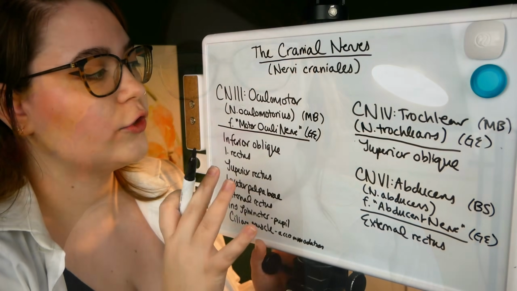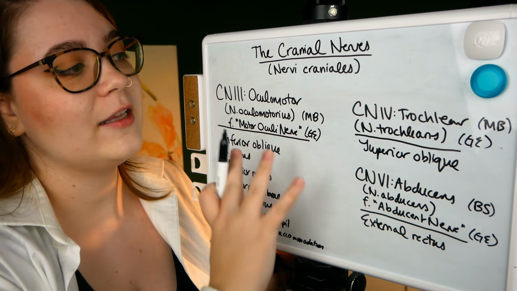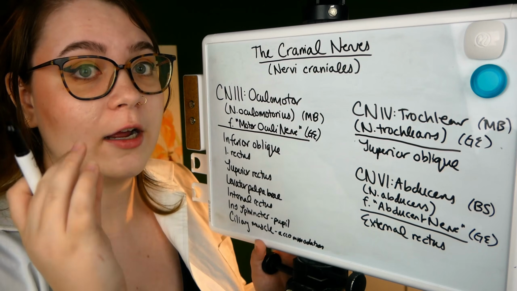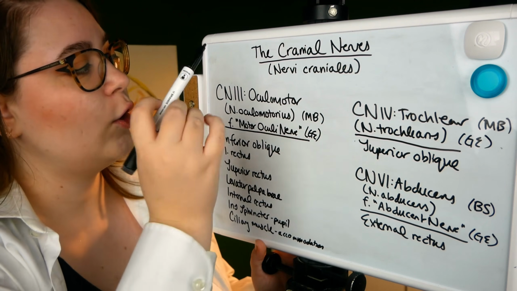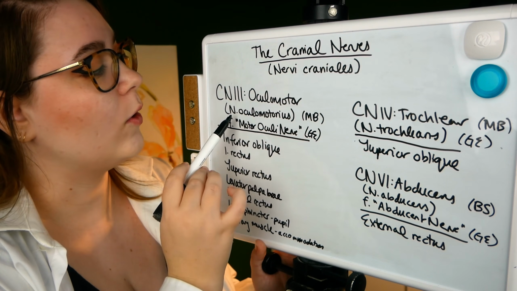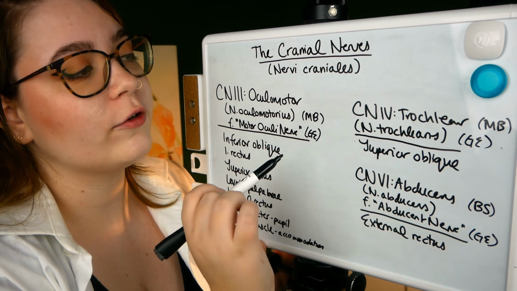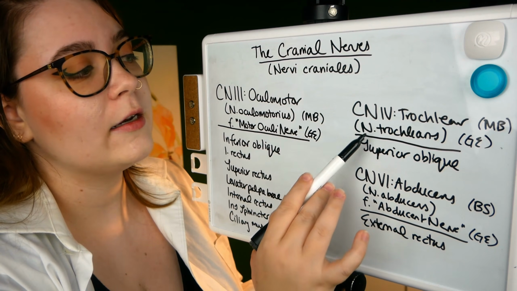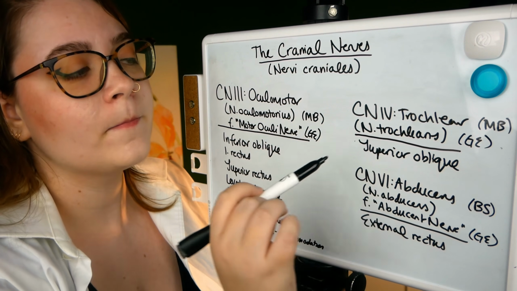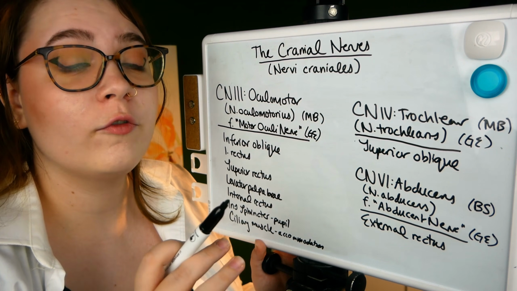So we're going to move on to a big group of nerves. So our next group of nerves is kind of a lot. These are the nerves that govern eye movement. We have cranial nerve number 3, oculomotor, or nervus oculomotorius. We have cranial nerve 4, the trochlear nerve, nervus trochlearis, which is the ancient Greek and Latin word for pulley.